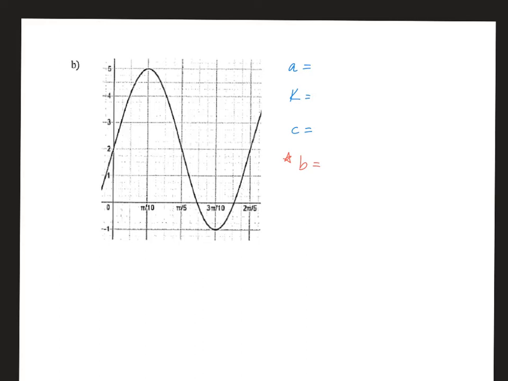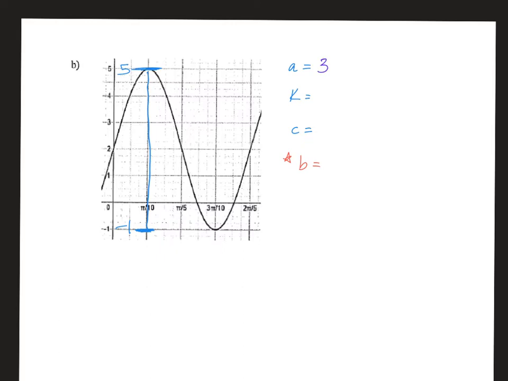Okay, we should be back. As you take a look at that graph, we notice that we have a max of 5 and we go all the way down to a minimum of -1. That's going to make the height of that curve 6 units and therefore my amplitude 3.